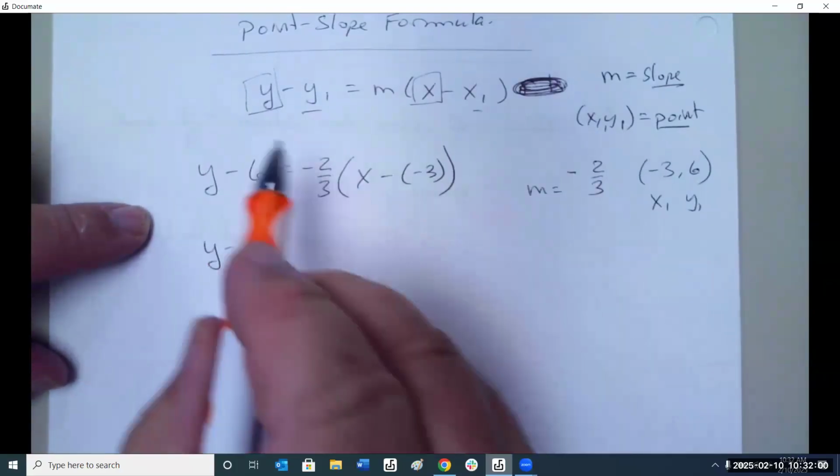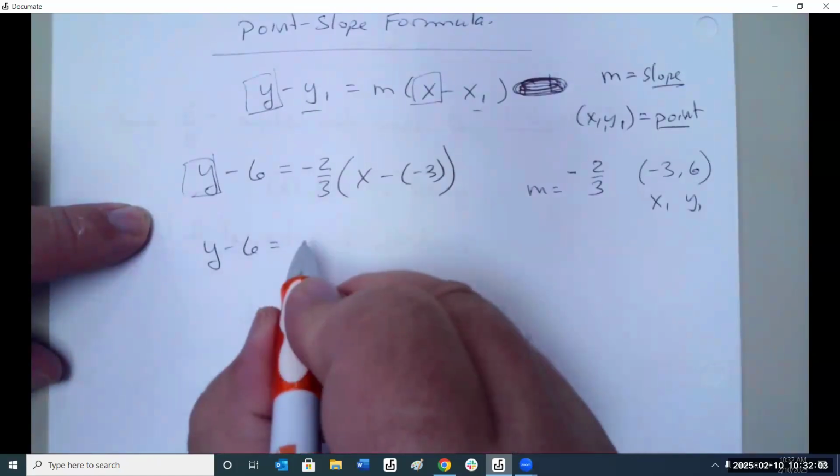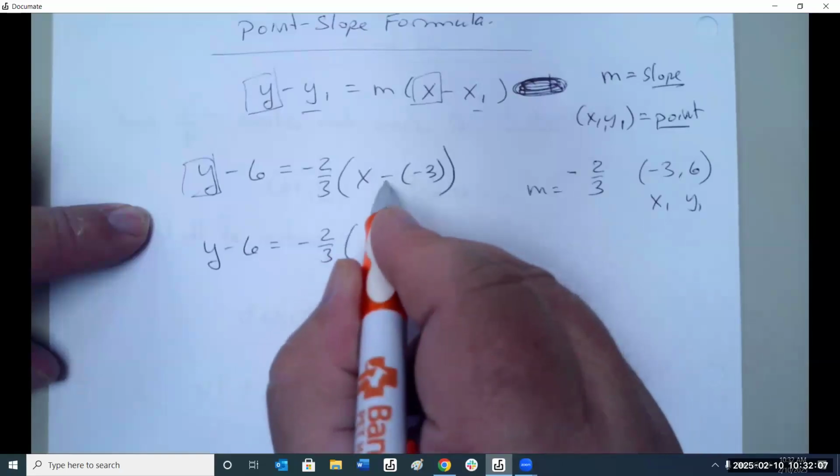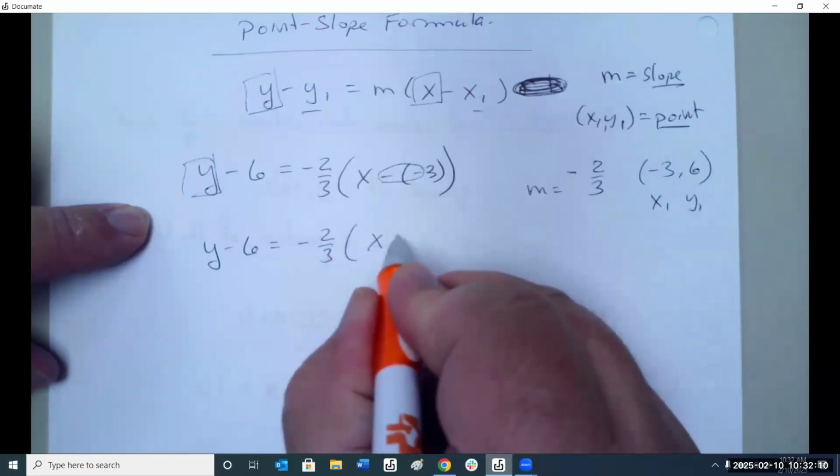Once you plug everything in there, solve for y. So we have -2/3. Inside, we have a negative and negative, so it becomes a positive.